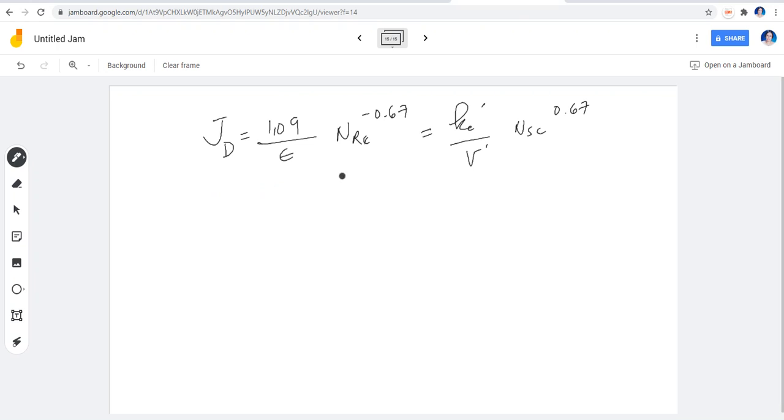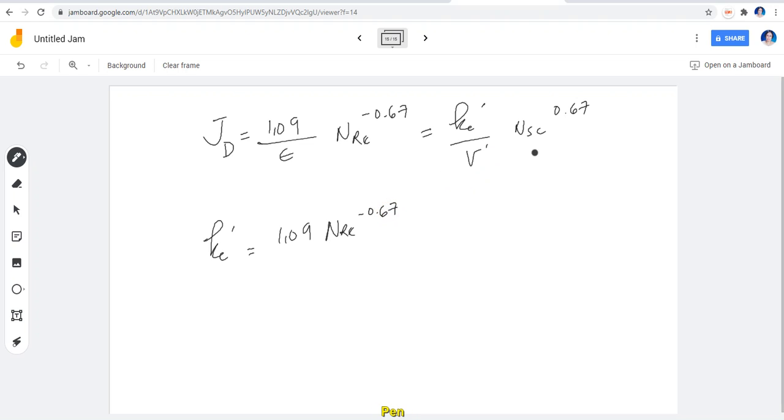This one came from the series of formulas that we are to choose from, and we choose the formula that is appropriate for the value of the Schmidt number and the Reynolds number that we got in this problem, and that particular formula is this one. So if we determine the K sub C prime based on these two, if we equate the two, that would be 1.09 times the Reynolds number raised to negative 0.67.